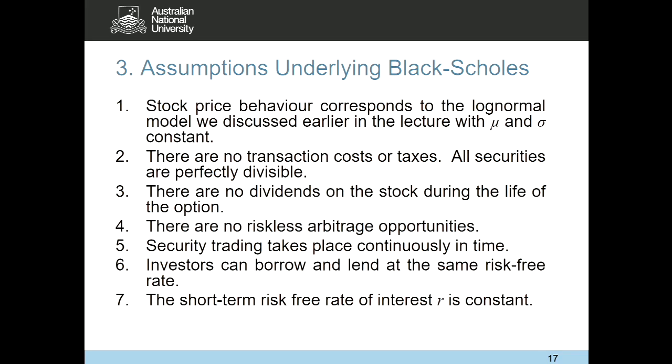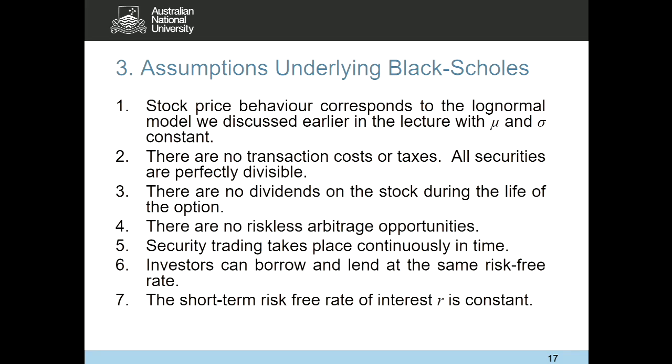And the third assumption they made is that there are no dividends on the underlying stock. And the fourth assumption is that there is no riskless arbitrage opportunity, which means everything in the market is fairly priced. Everything in the market is priced at its equilibrium price.